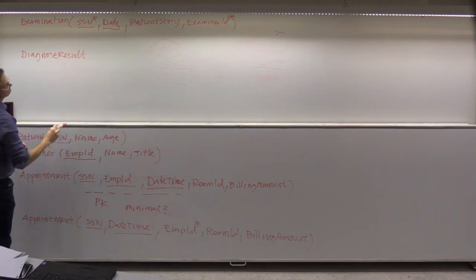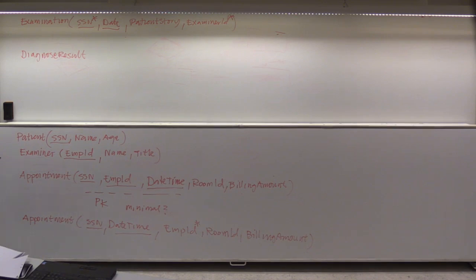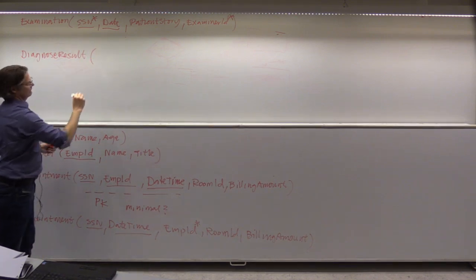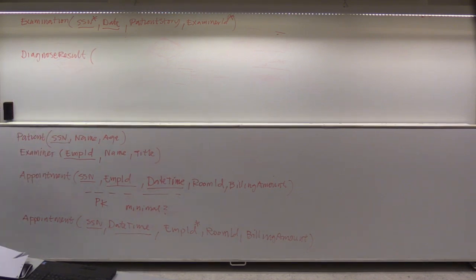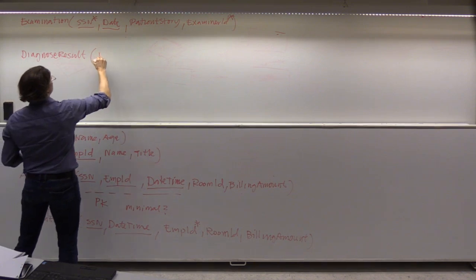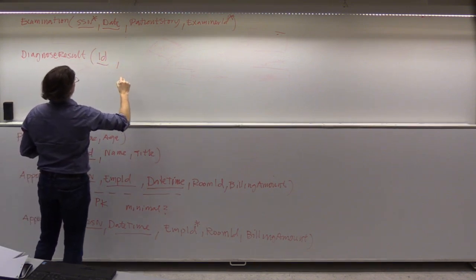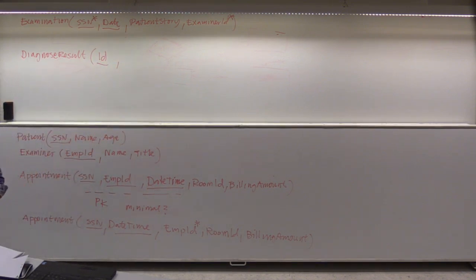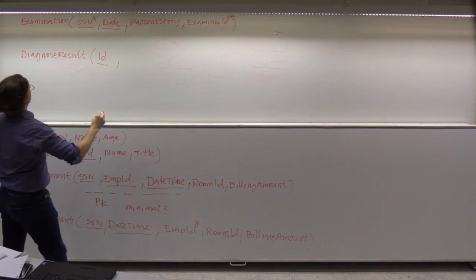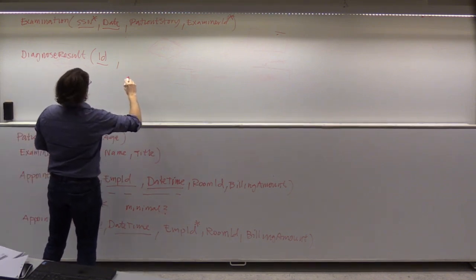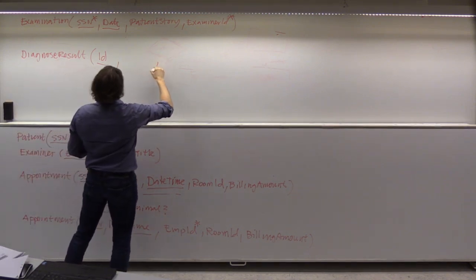And this is when we turn into the attribute thing here, adding an artificial key. So if you have that diagnose result, which is the identity of it, then we have a bit of a problem here.